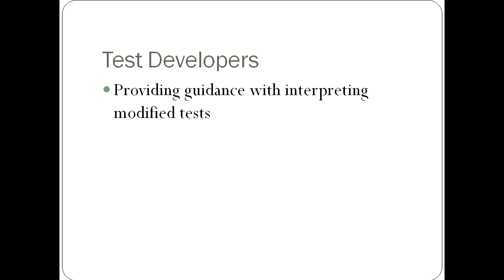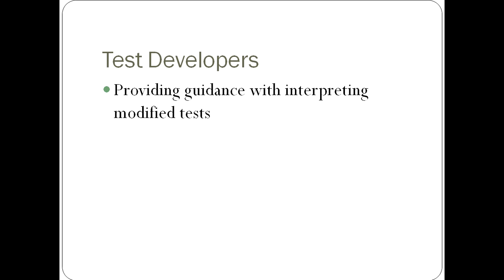Now, test developers also need to provide guidance with interpreting modified tests. Modified tests are tests that they change slightly to accommodate someone who might have some kind of special needs. They might not see, or they may not understand in the same language as somebody else in their testing age group.